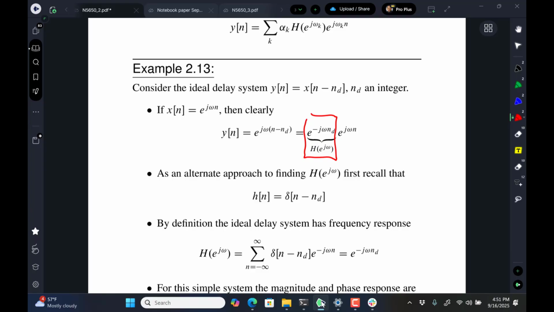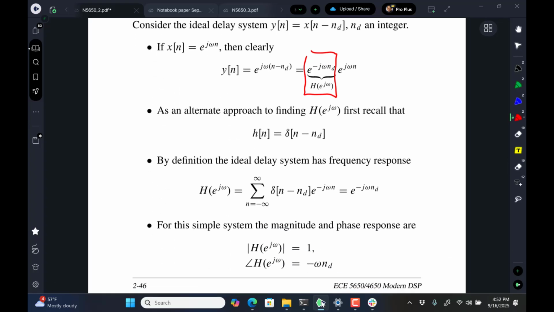So if a signal goes through an nd sample delay, in the frequency response it's picking up a negative phase. It has a magnitude of 1 and a phase of minus omega nd. So as frequency goes up, as nd increases for a given frequency, the phase shift increases. So we have an angle that changes with time delay, and that's an old concept from continuous time signals and systems, for sure.